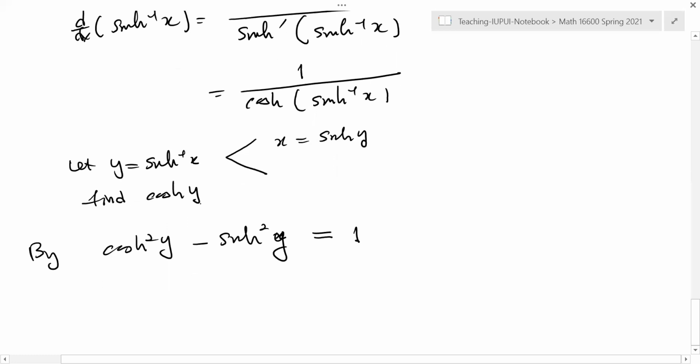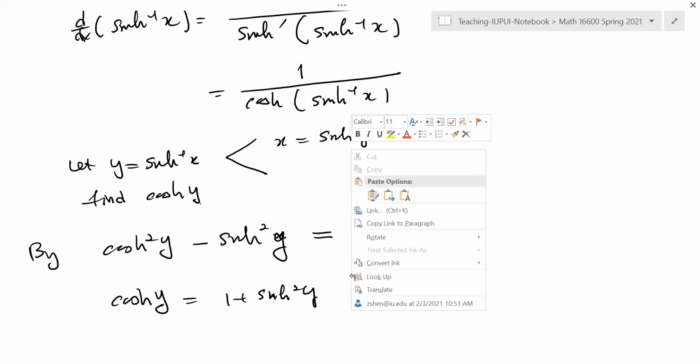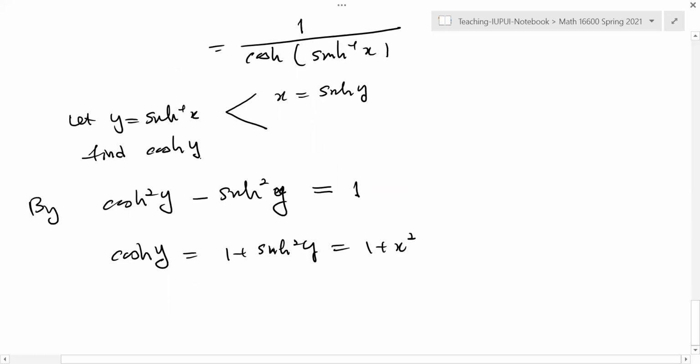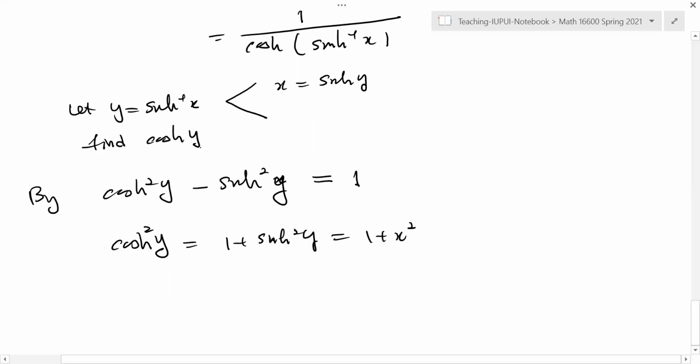So in order to find this, I need to move the other term over. But hyperbolic sine y is x, so it's going to be 1 plus x squared, and that's a square. Then you solve for hyperbolic cosine. Now, hyperbolic cosine is always a positive function, so that's why you never get a negative.